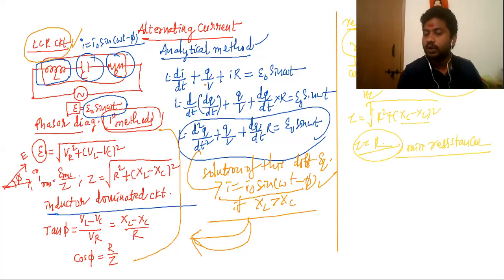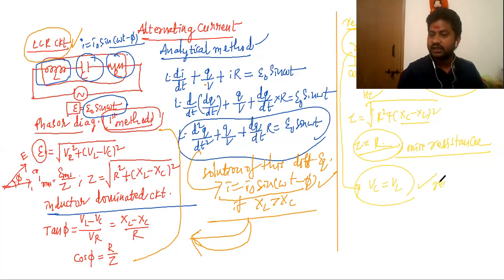Okay, clear? When XC value is equal to XL, definitely voltage across the capacitor will be equal to voltage across the inductor. That is also possible. This is also the resonance condition, right? So no confusions. This is also the resonance condition, my dear children.